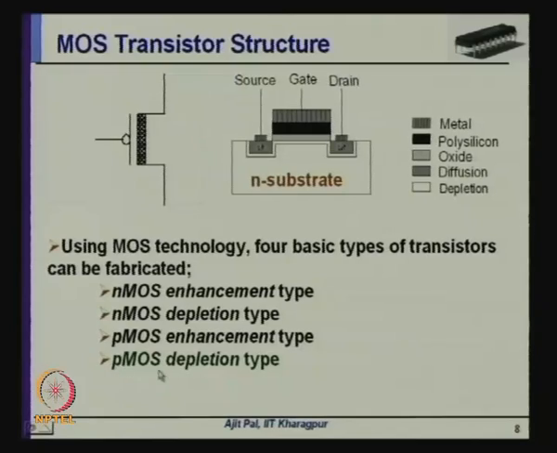So, you can have a PMOS depletion type transistor. You can see you can have 4 different types of transistor using MOS technology: NMOS enhancement type, NMOS depletion type, PMOS enhancement type, and PMOS depletion type.